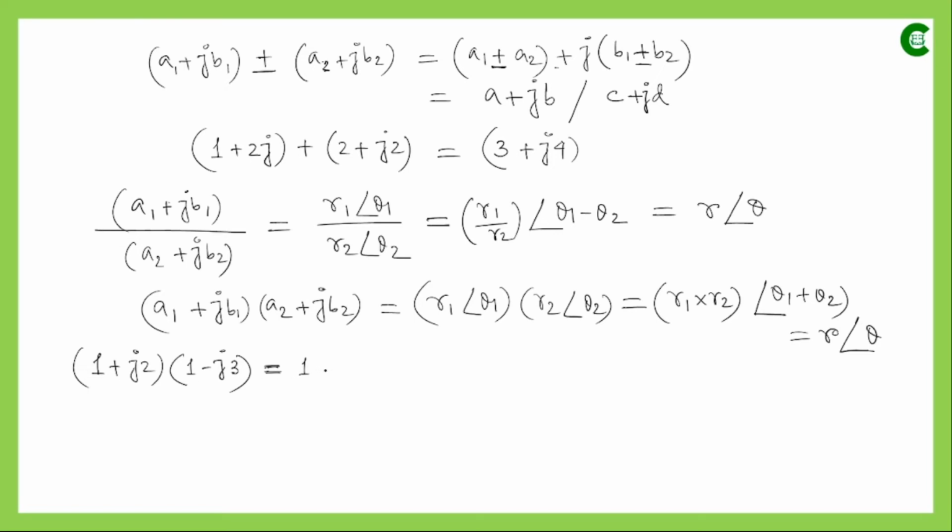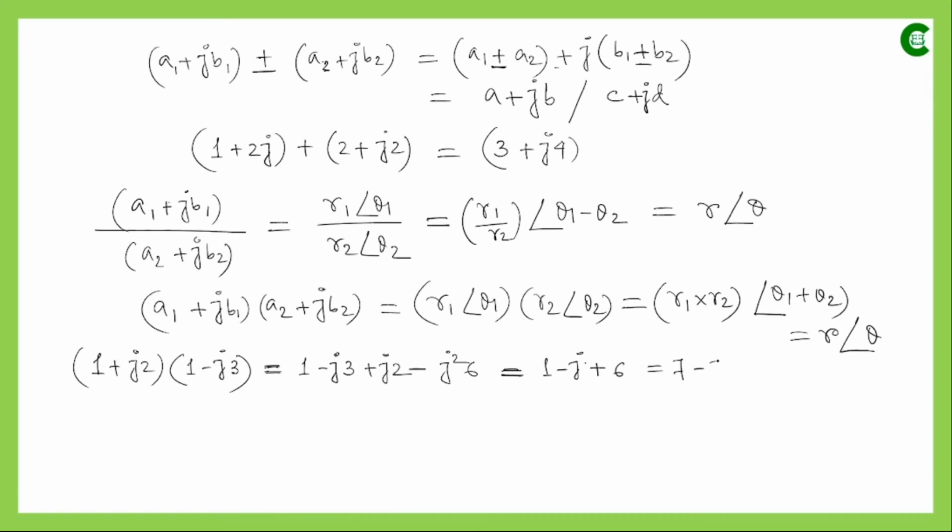So it will be 1, then minus j3, then plus j2, and then plus times minus, that means minus j square times 6, as 3 2s are 6. Further simplification: 1, then minus j3 and plus j2 is simply minus j, and then j square itself is minus 1, so minus minus will be plus, and then 6.